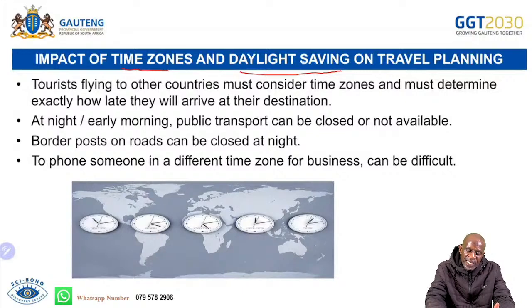At night, early morning, public transport can be closed and not available. So sometimes it is frustrating when you get there, say maybe at 2:00, and you find that there is no transport or no shuttle to take you to your nearest hotel.